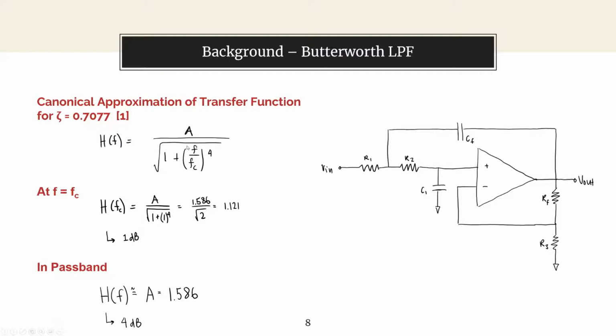And from this, we can see what we expect the output to be for different inputs. So at F equals FC, we can expect the filter response to be 1 dB. And so that's at the cutoff frequency. And in the passband, the filter response is expected to be about 4 dB.